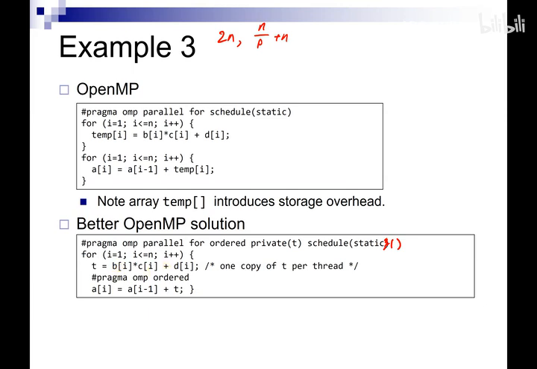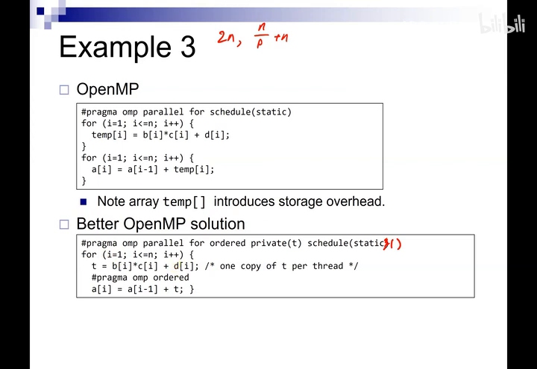If you have p threads, we create p copies of this private variable t. Each thread has its own copy of t, and after that thread computes the B, C, and D values, it writes that into t. But all this is being done in parallel.